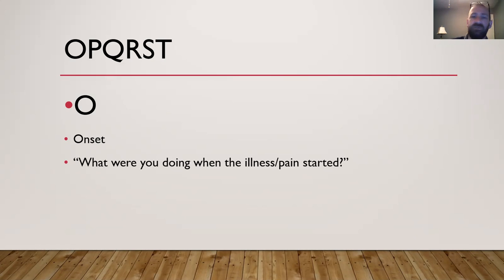Onset is when the current illness or current injury started. What were you doing when the illness or the pain started? This is very similar to E in SAMPLE, the events leading up to it, right? So onset and events, the E from SAMPLE, are similar.